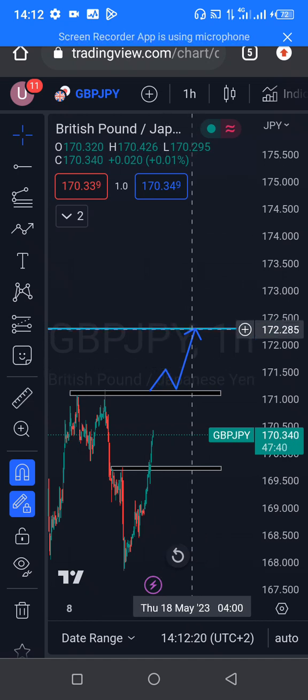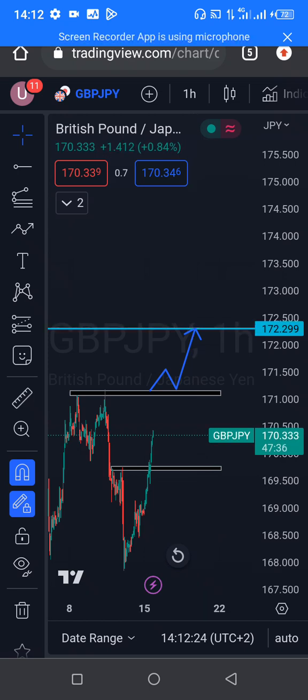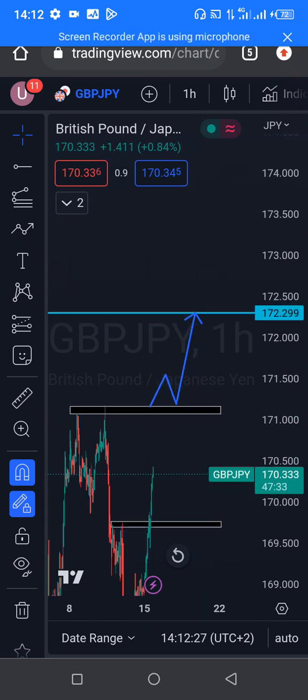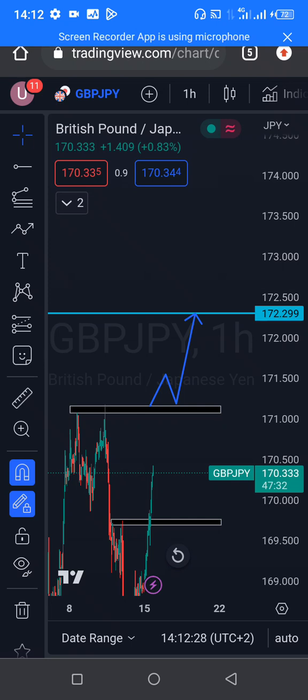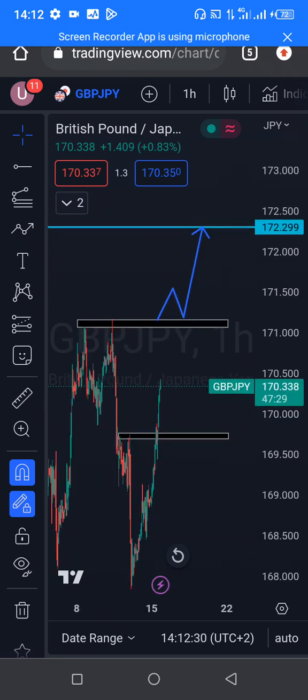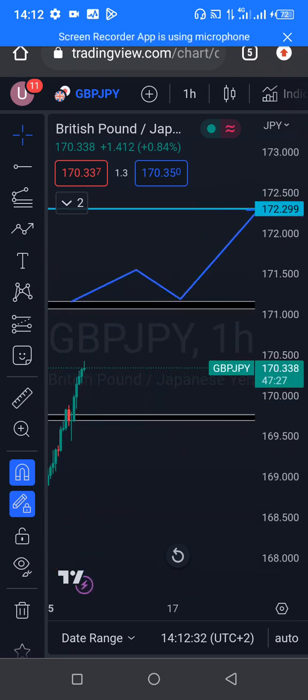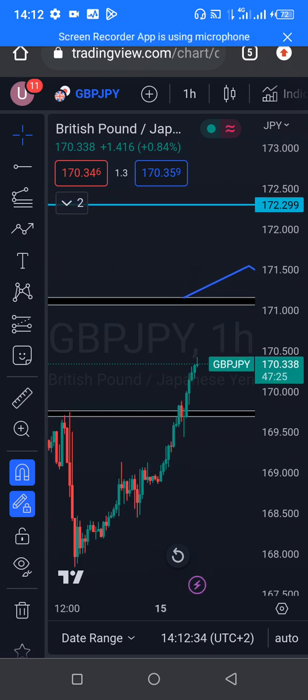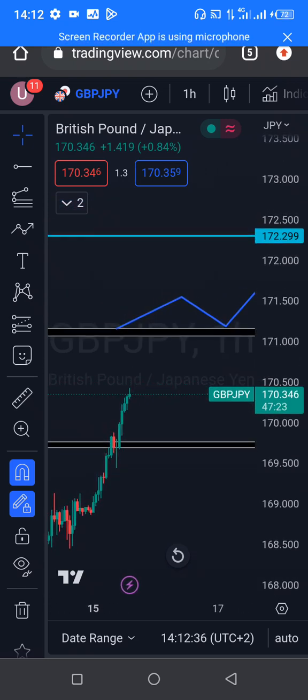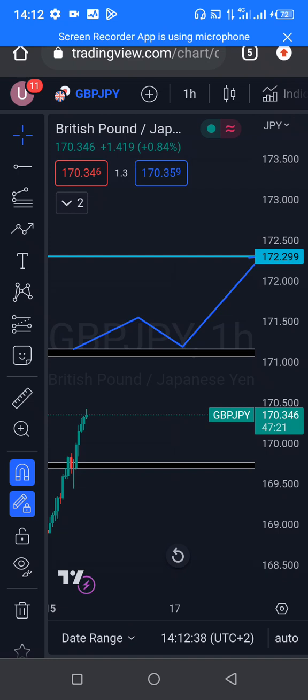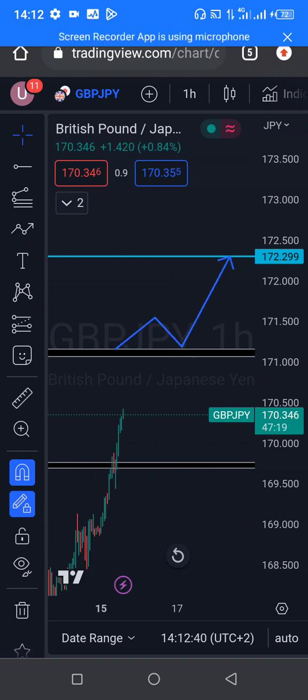Then I'll take my profit around these areas here. But I will upload a video on Wednesday to do our market follow-up, to check how our setup performed.